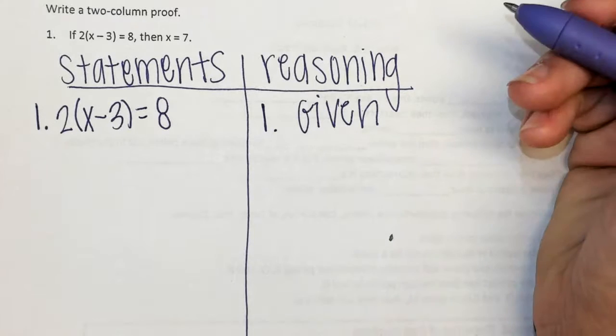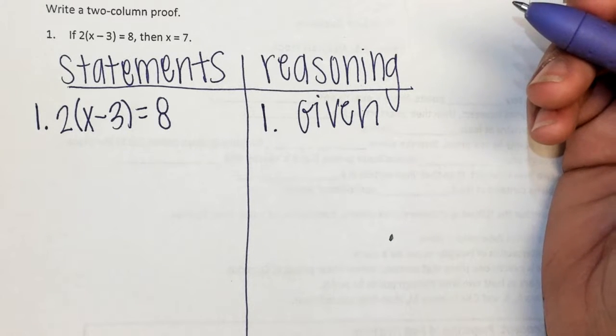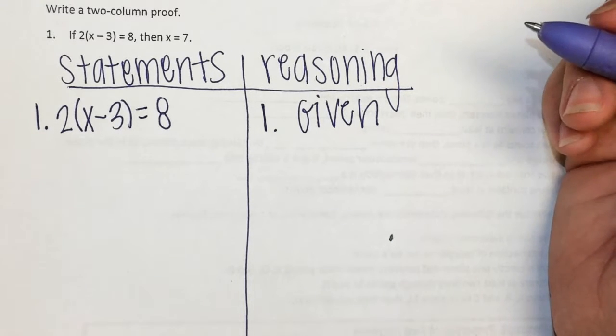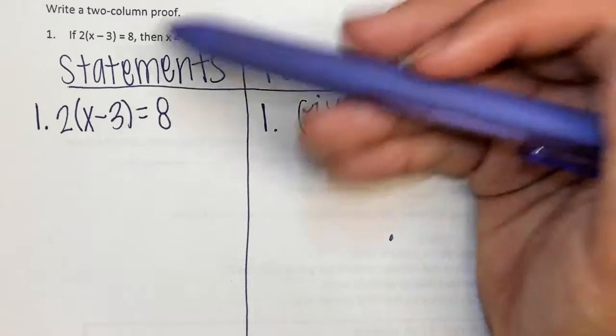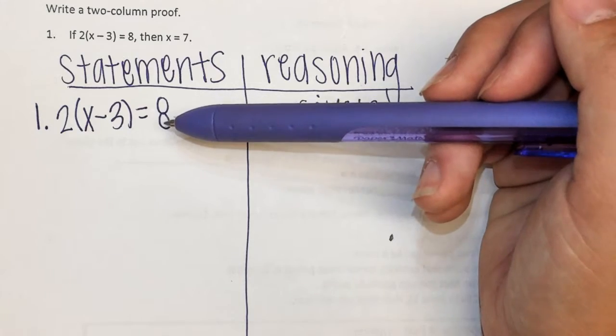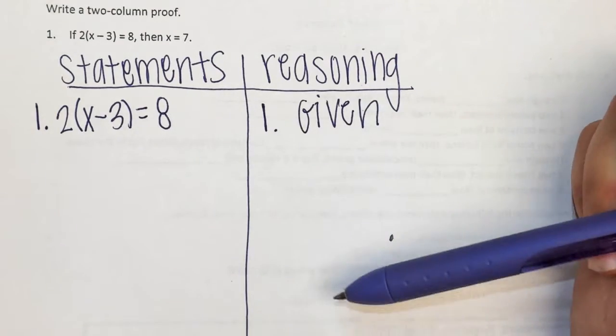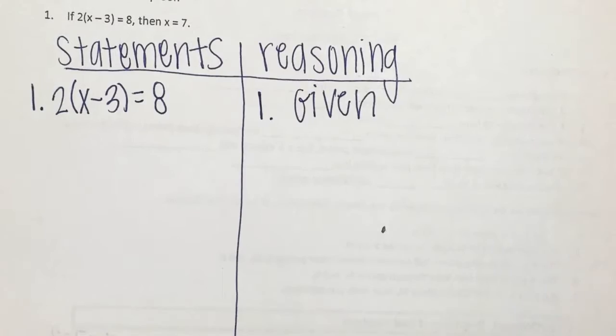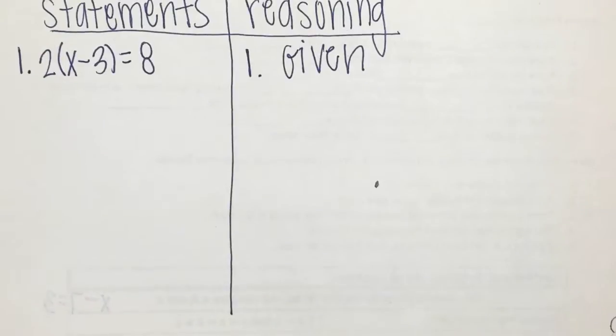Okay? So, now this is simple because you know how to solve these equations. So basically what's going to happen is you're going to solve it, but each step you take, you have to explain why. You have to give a reason. What property did you use?